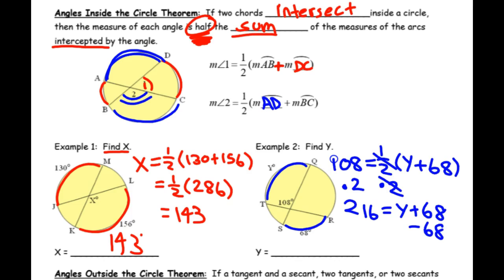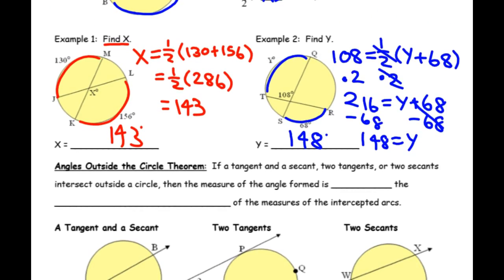What is 216 minus 68? All right, so 148 equals y. Degrees. All right, so those are two types of problems you'll have when it comes to interior angles.